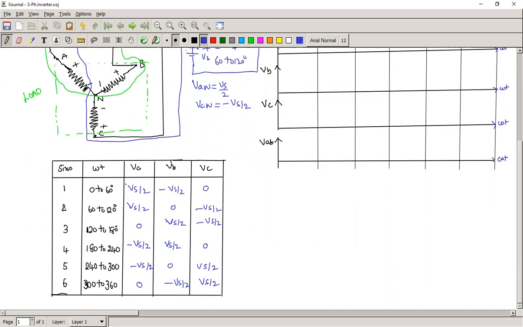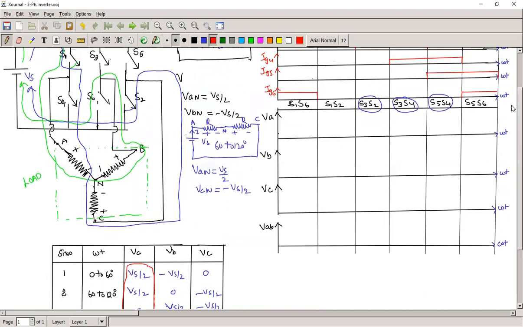Now we want to draw the phase A voltage. From 0 to 360 degrees we know the value of phase A from this. For 0 to 60 degrees, phase A is Vs by 2.